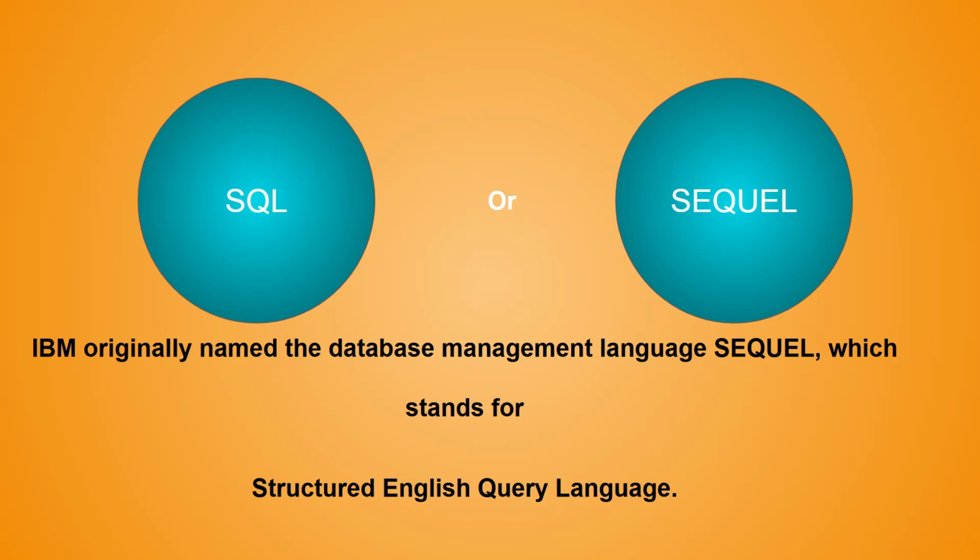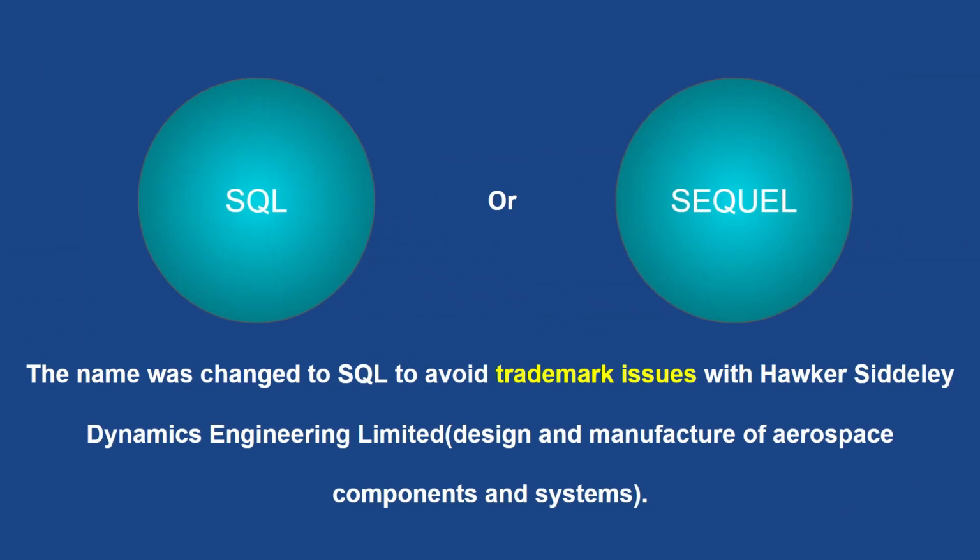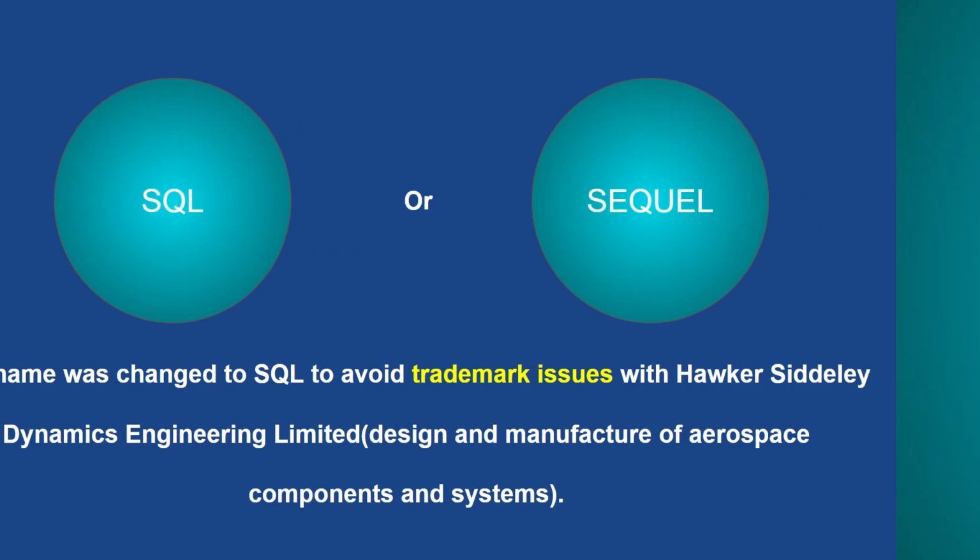That's how many people today pronounce it as "sequel" rather than S-Q-L. The name was changed to SQL later to avoid a trademark issue with Hawker Siddeley Dynamics Engineering Limited, which basically designs and manufactures aerospace components and systems. So later, the current name is SQL.